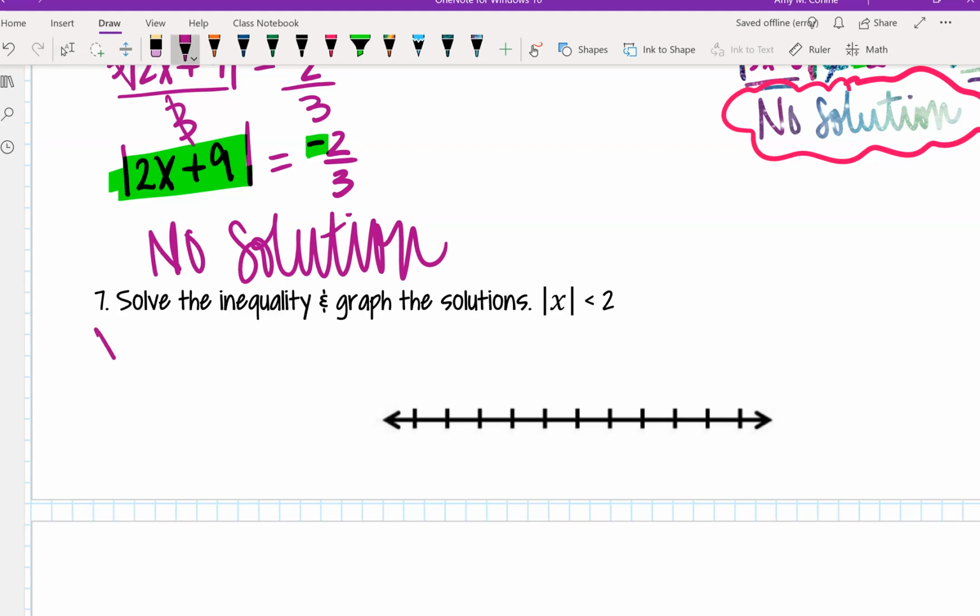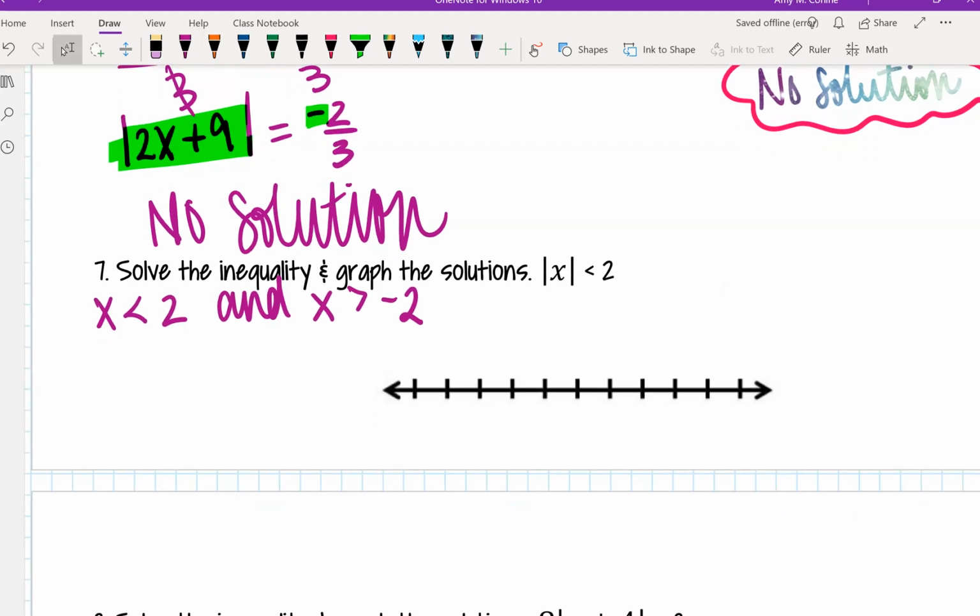You're going to drop the absolute value and you'll have x is less than 2, okay? But you also have to take that x, flip the inequality, and make it greater than -2. Okay, so opposite number, opposite symbol.